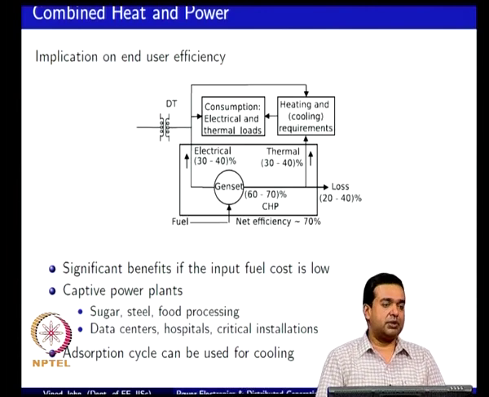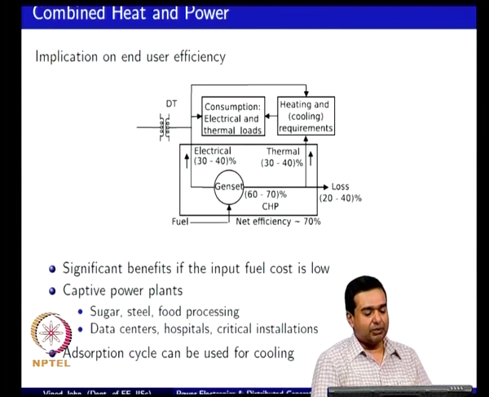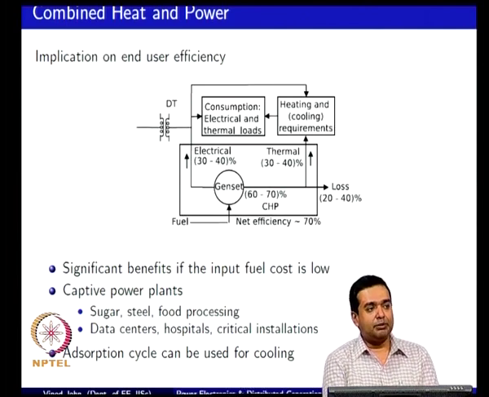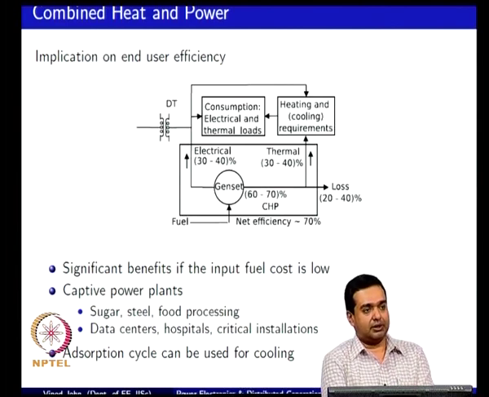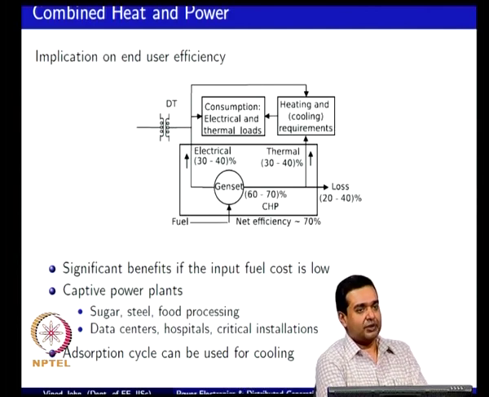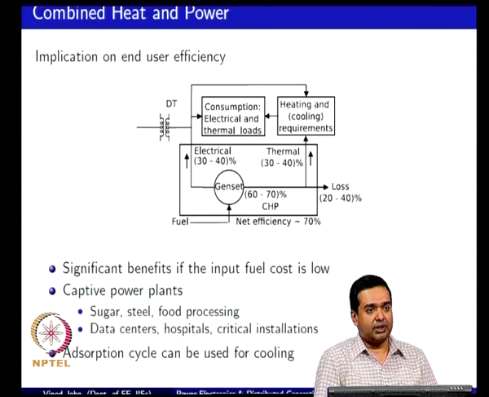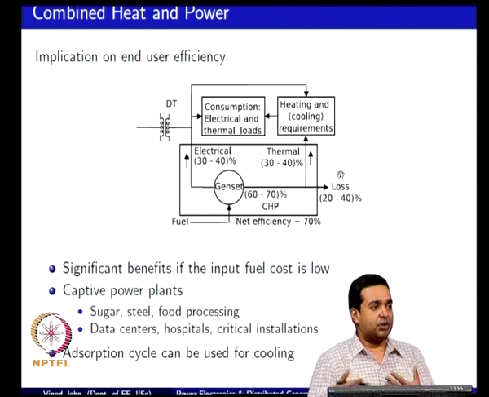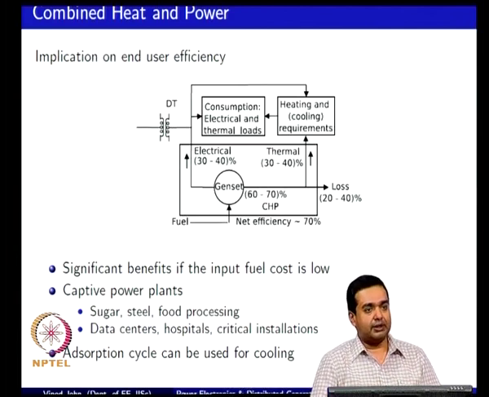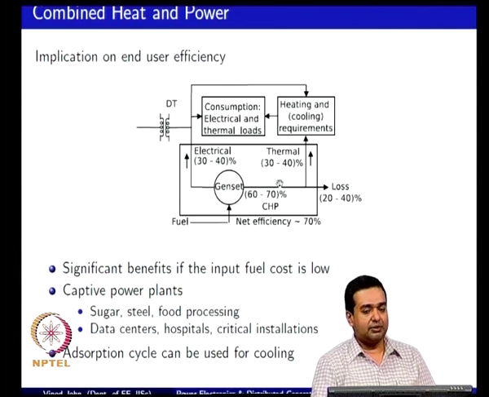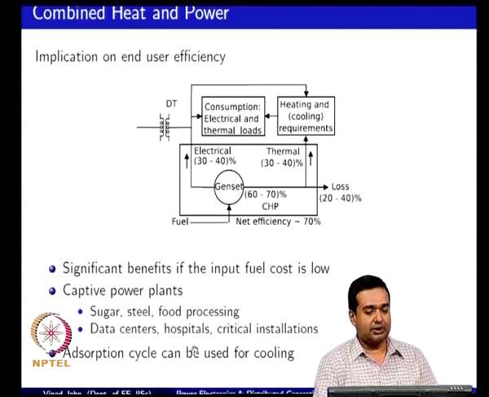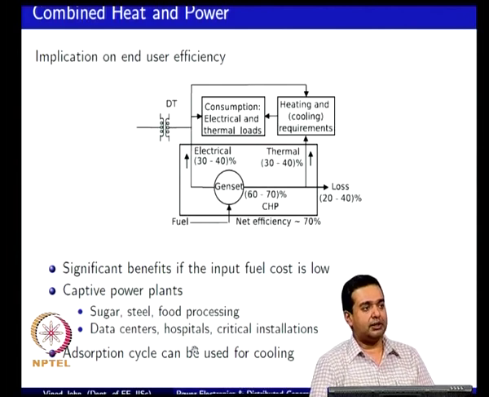The way, for example, our body cools itself down is by adsorption cooling, where essentially it depends on the phase change, where you sweat and your sweat vaporizes from the liquid state, and the phase change actually cools down your skin. So, you have similar adsorption cycles with special fluids like lithium bromide, ammonia, etc., which can make use of the waste heat to provide cooling to your end requirement. So, you could make use of the waste heat from the genset along with things like adsorption chillers for combined heating, cooling and power.